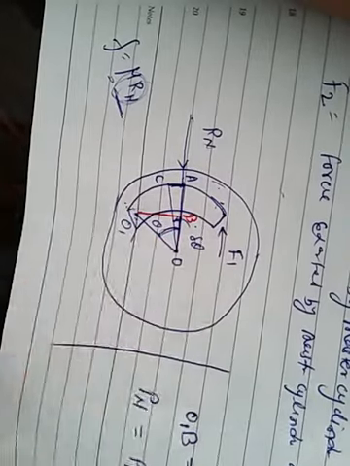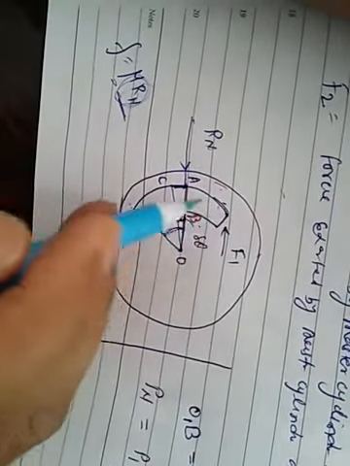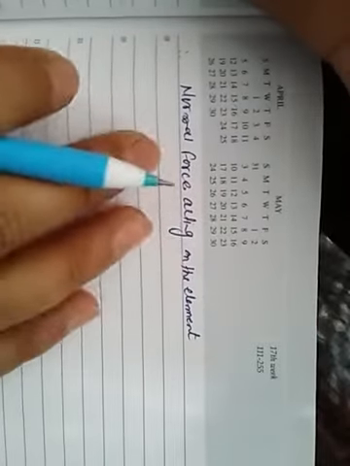Yes, the force is applied by these shoes. So the normal force acting on the element is the pressure into the area, because we know that pressure is force divided by area, so force can be calculated by multiplying pressure by area.